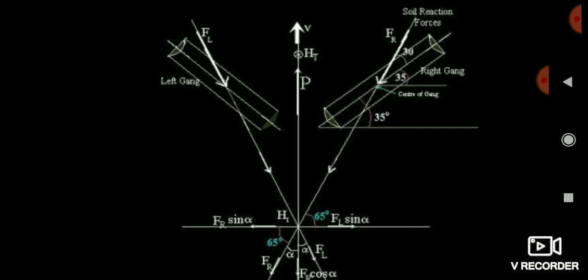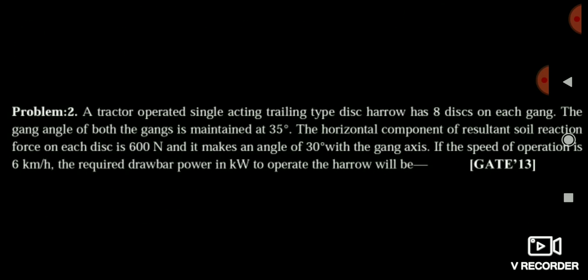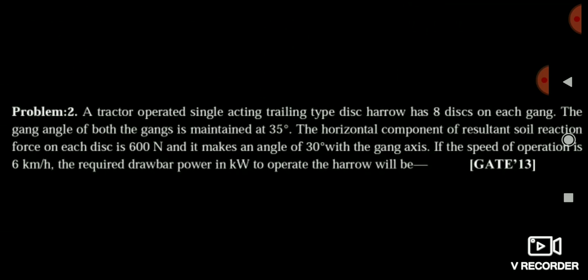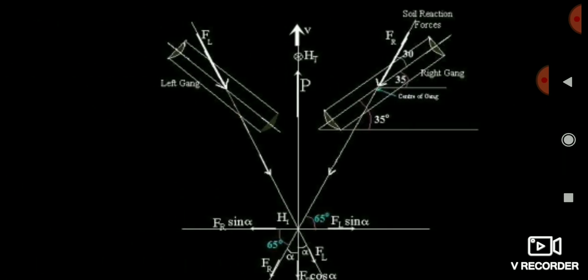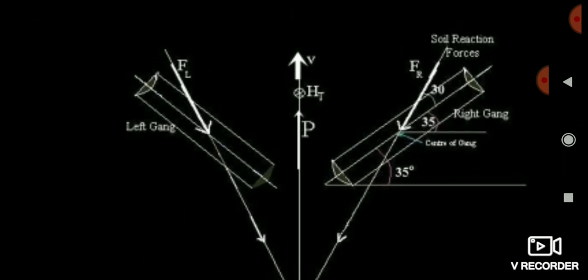And friends, alpha, you can see here the gangs are at 35 degree angle, हमारा जो gang है वो 35 degree angle पे है. So you can see here that soil reaction force is acting at 30 degree with the gang axis. You can see here Fr and Fl I have represented at 30 degree with the gang axis, and the gang angle is 35 degree.